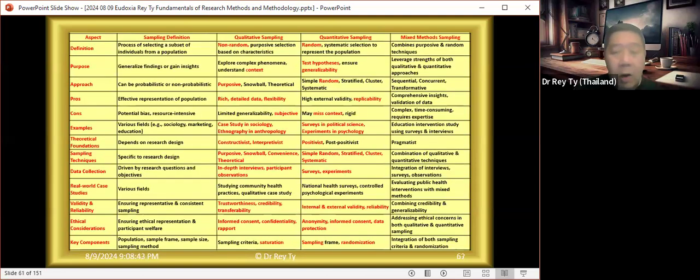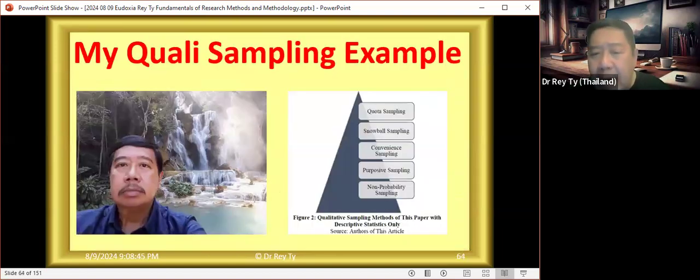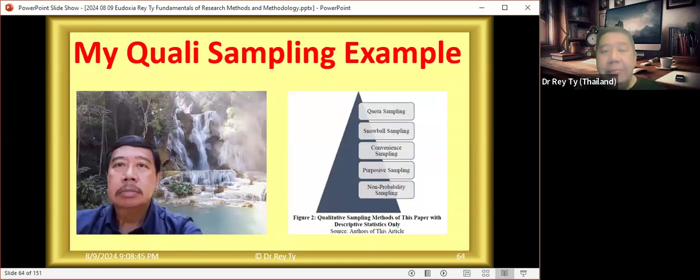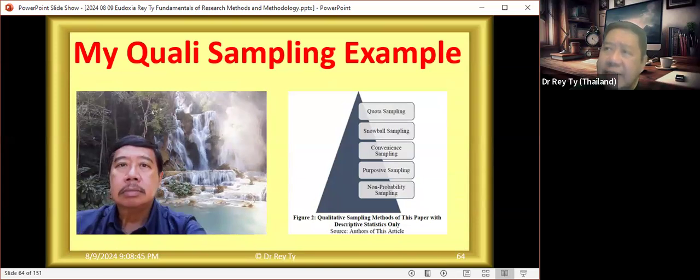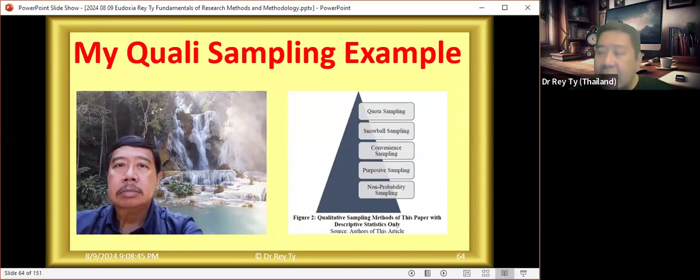Okay, now let's look at this paper I've published with 3 other professors in the June journal. We had a survey of students and faculty members all over Thailand. This is non-probability, like we had to get X number of people, and it's purposive, so it's pre-selected.